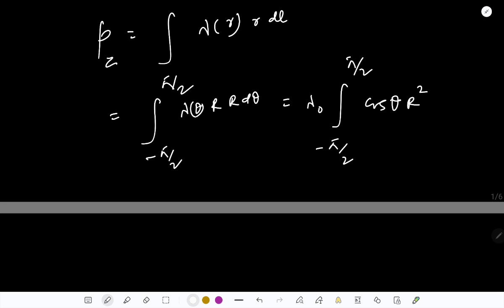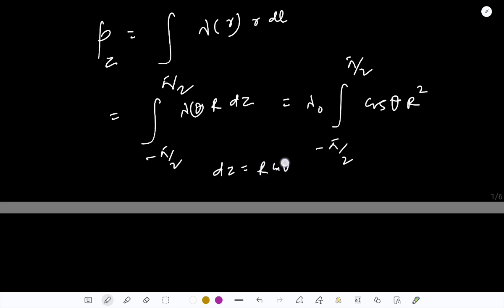We missed something here: because we are calculating Pz, we should have written dz, and that dz becomes r cos theta d theta.